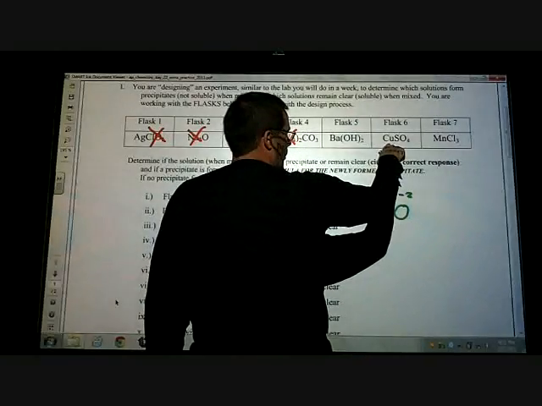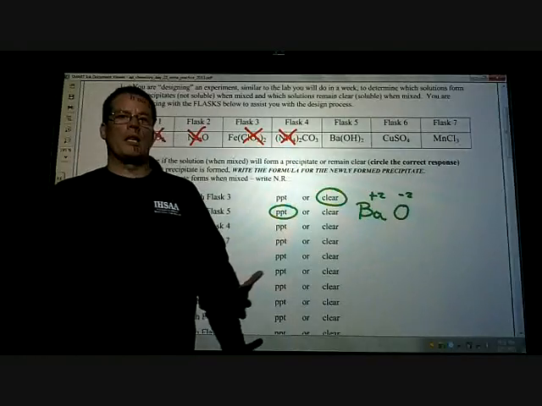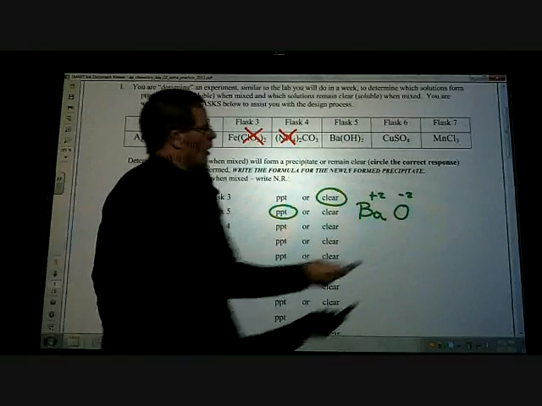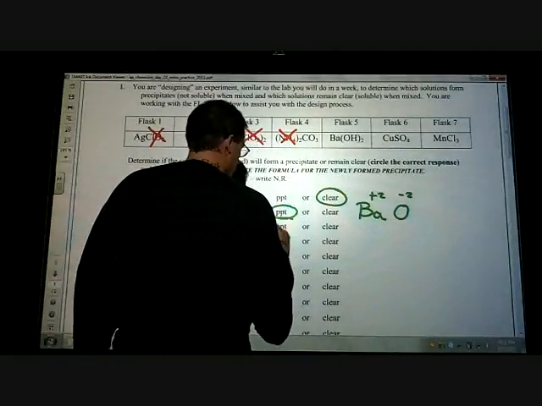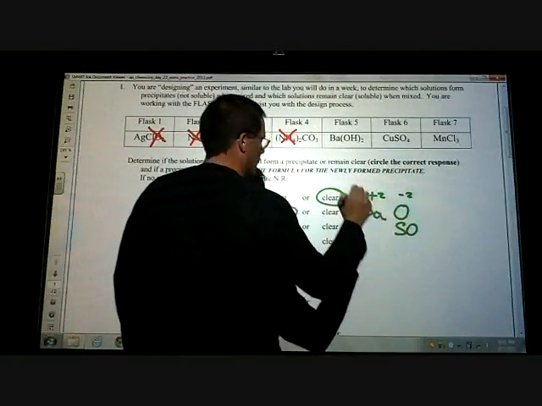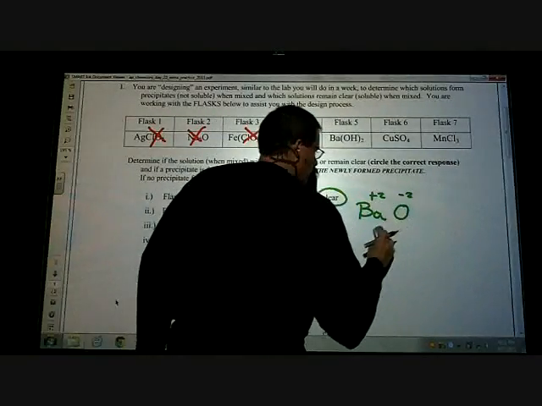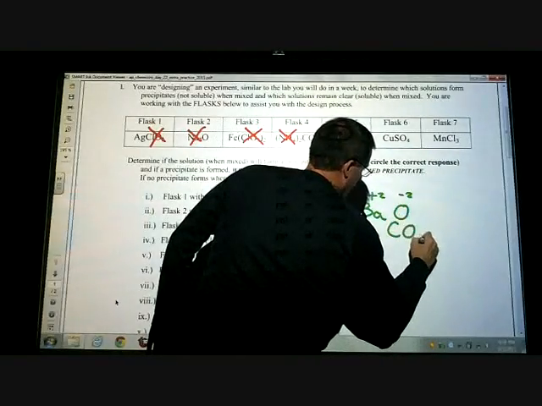Now, what's the charge on the copper here? Well, remember that copper could have multiple charges, but we want to key off of our non-metal. So the sulfate has a -2 charge. So we know that we have a PPT. Wait a minute, no, not sulfate, my bad. We have carbonate with copper. So it's copper carbonate.